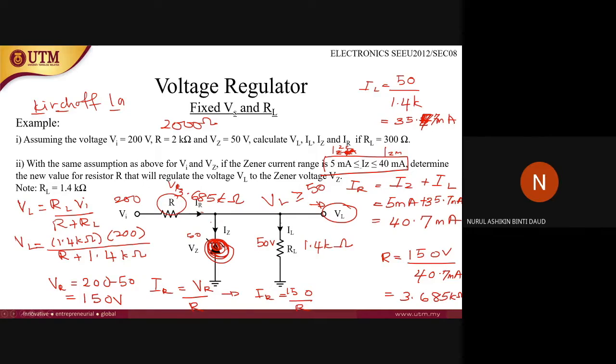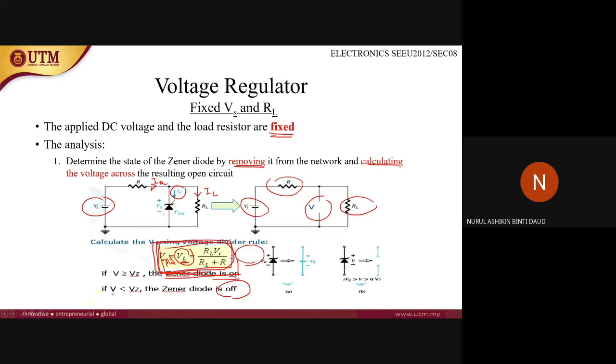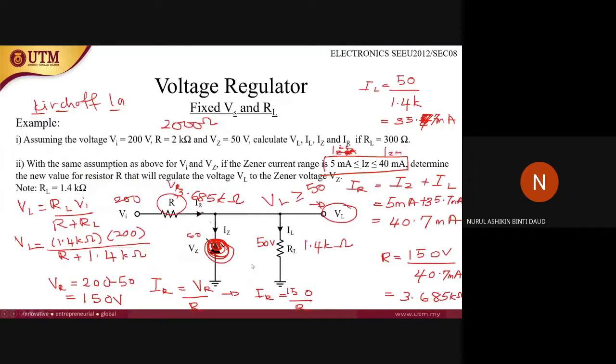Sorry, we cannot assume it is the same, because VL should be bigger than or the same as VZ. So it is a very wide range. We cannot take VL as 50 because we don't know what the exact value is.